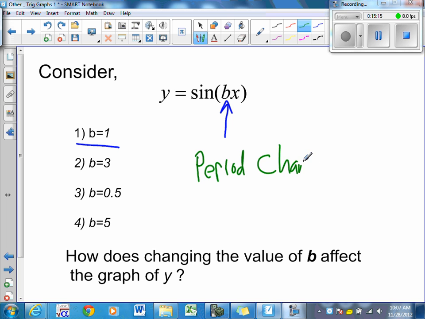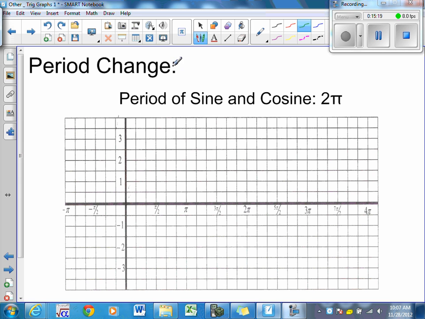Now, what do we mean by a period change? Well, let's look at this. If we look at sine or cosine, and let me graph sine, from 0 to 2 pi, that is one period.